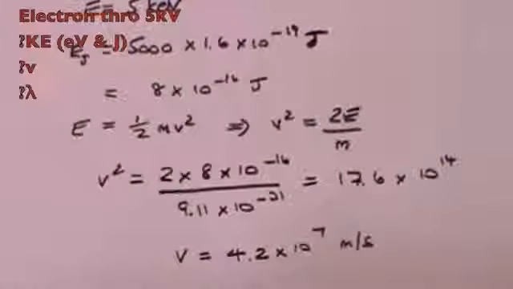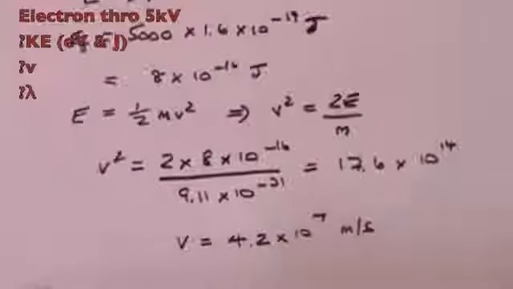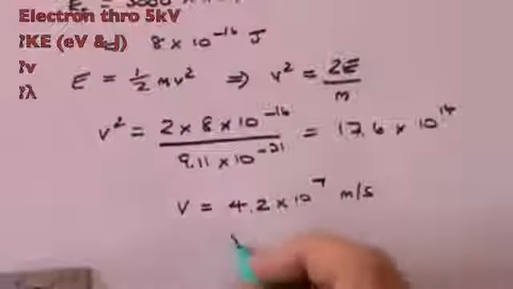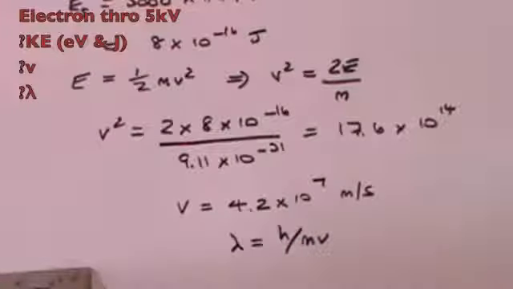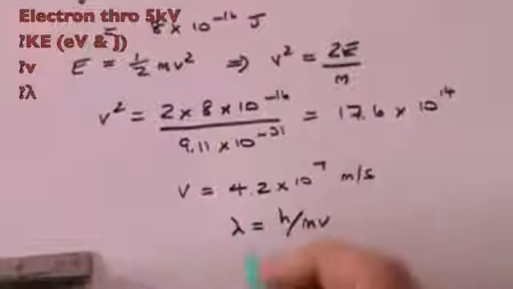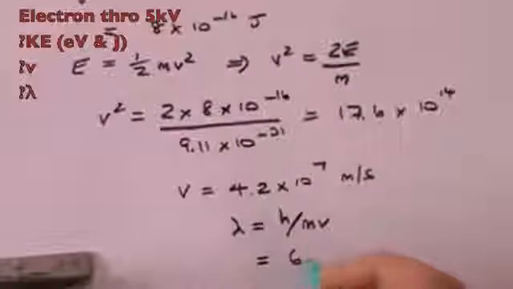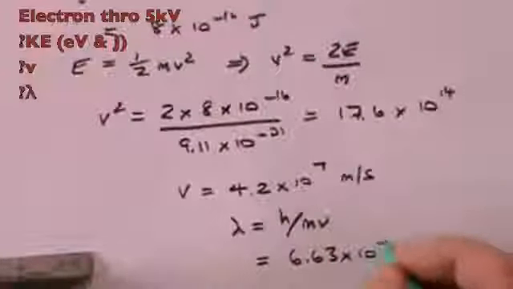And the third part of the question was to find the wavelength, and here we're going to use the tried and tested formula that the wavelength is equal to h divided by mv, and that's going to be equal to 6.63 times 10 to the minus 34.